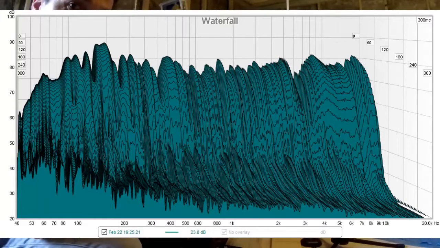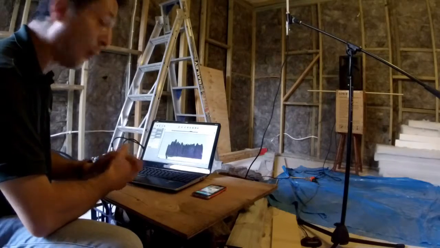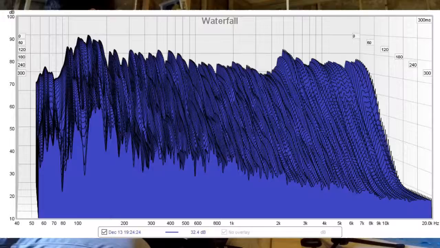So that's quite good, that's quite low. The decay is much faster than what we were looking at on the last one we did back in December.